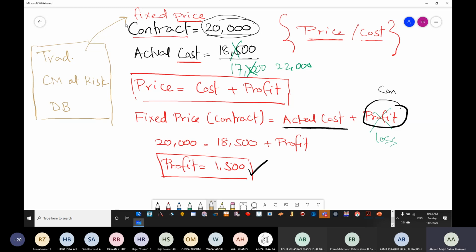Once again, in traditional, we said the project is typical, it's not complicated. That's why we can quantify the quantities, and based on the quantities, we can get the price. We can have a number and then sign for it.